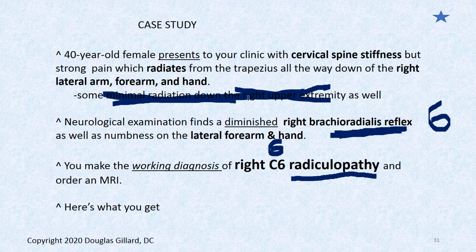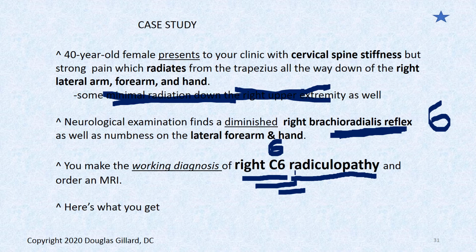So again, our diagnosis was right C6 radiculopathy. Here's my question, the board question, and you have to know this for the rest of your chiropractic careers. If you find a positive neurological exam in the C6 nerve root, what disc herniation would you expect causes a C6 radiculopathy?